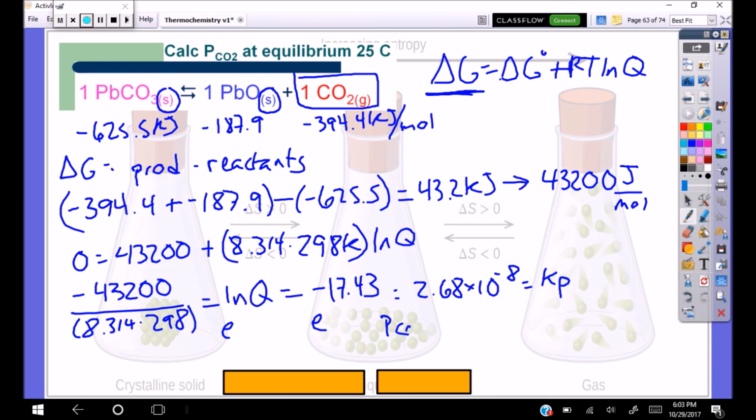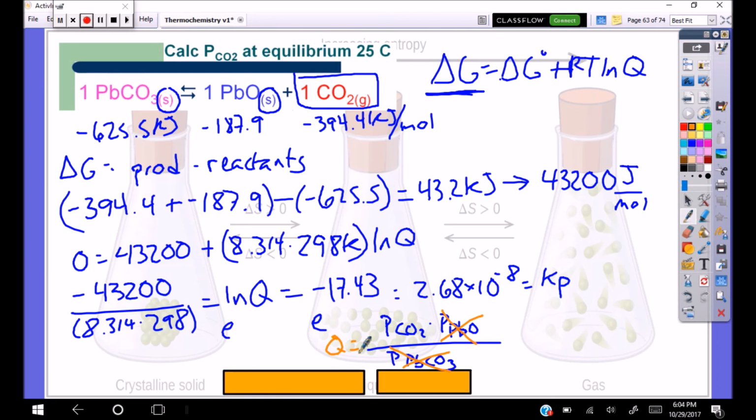You might have been inclined to say P of CO2 times the pressure of PbO over the pressure of lead carbonate. However, you have to remember that lead carbonate and PbO are solids, and so they have no business in your Q. So Q is actually just equal to P of CO2 over 1, which would just be P of CO2.